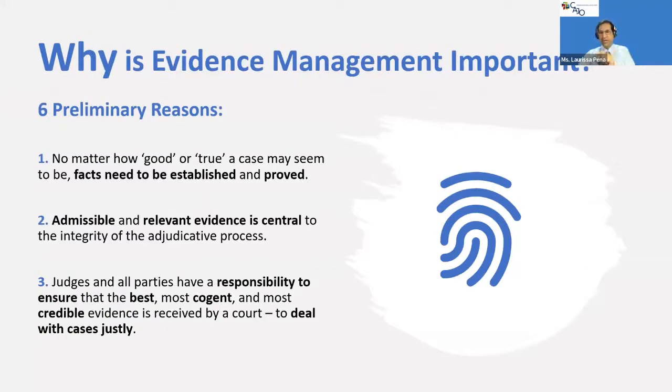Judges and parties, remember in 1.2 of the overriding objective, there's a duty of the party to assist the court in the achievement of the overriding objective. So both judges and parties have a responsibility. What is it? To ensure the best, most cogent, and most credible evidence is received by the court. Why? Because we need this kind of evidence to deal with cases justly.